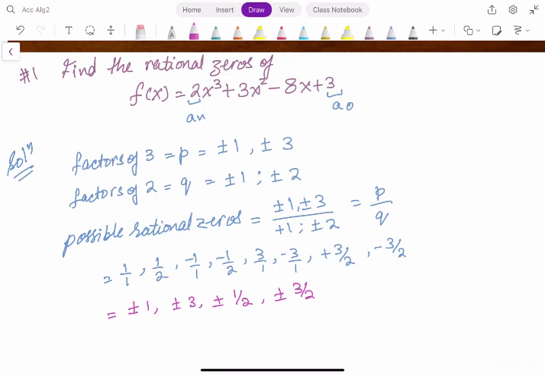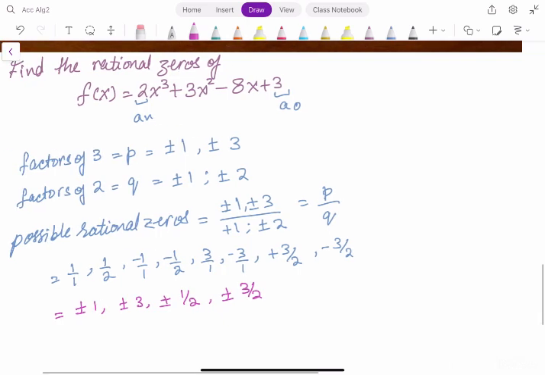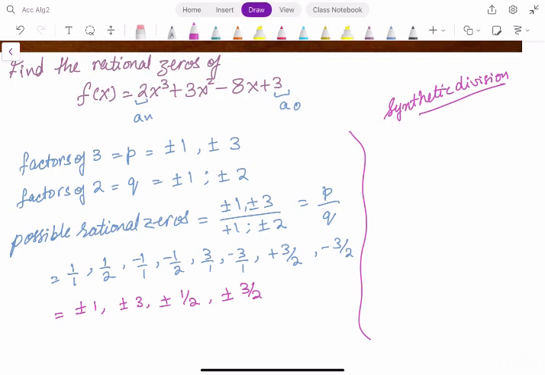At this point, now the last step is trial and error. So we will use synthetic division. And remember, for the synthetic division, we have discussed it in the last video.